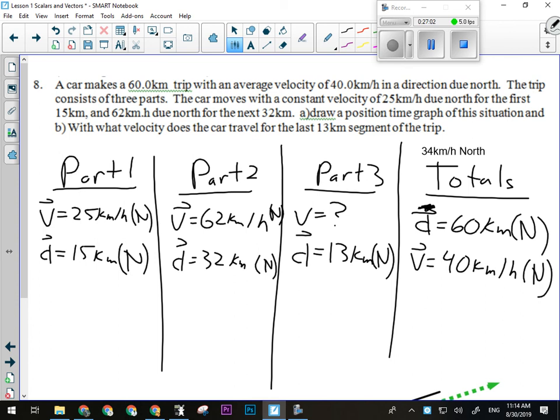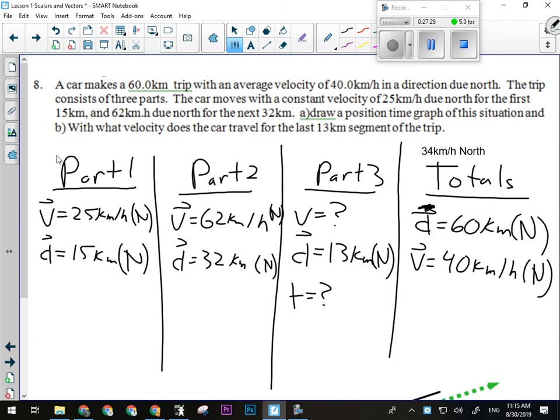Okay, if I'm going to find out what V is in part 3, what else do I need for part 3? Time. Okay, so I need to find the time for part 3. All right, can I find the time for the other 2 parts? Yes. Okay, will that help me? Yes, because I can also find the total time, right?